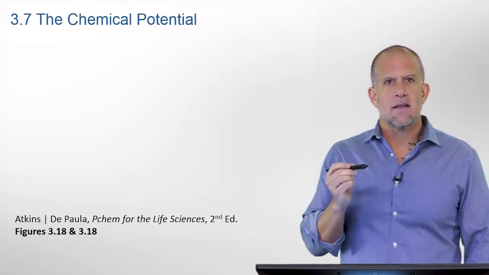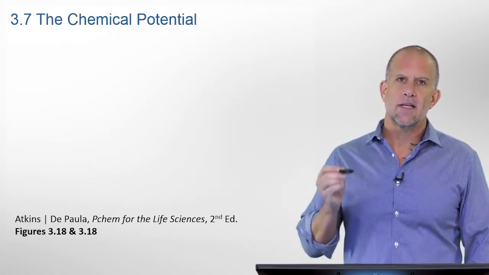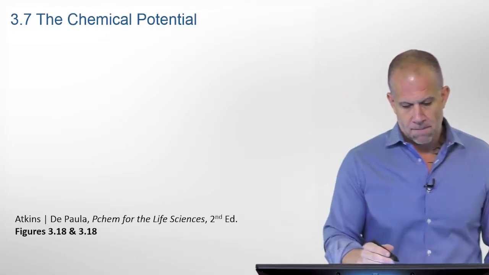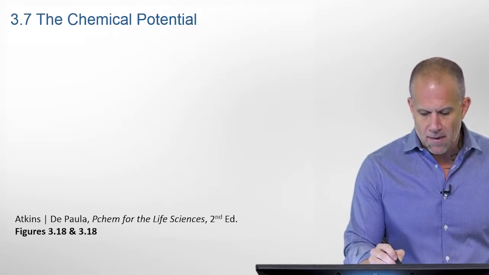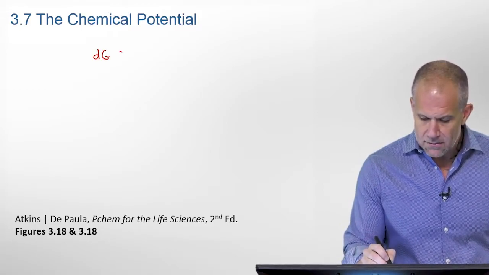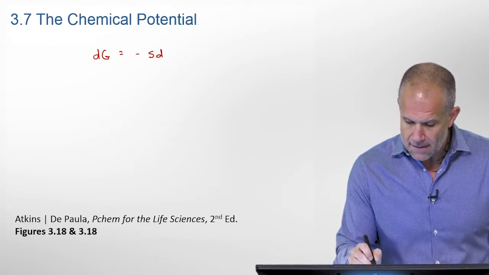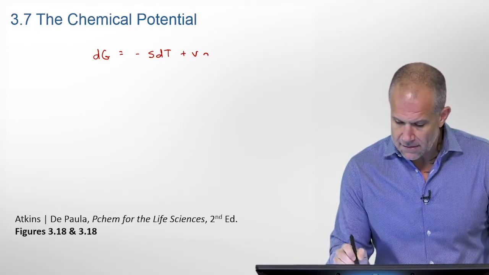So then the latter part of the chapter really focuses in on chemical potential. And so it starts by reminding us that, as we said before, this goes as minus SdT plus VdP.